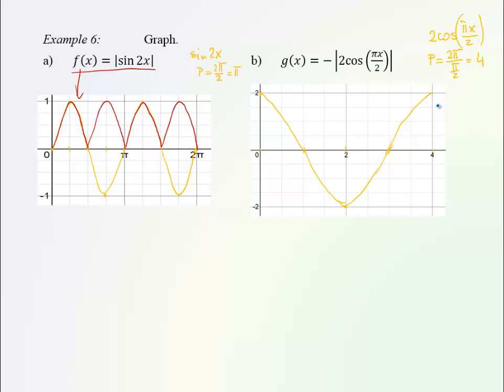The next step would be the function absolute value of 2 cosine pi x half in blue. So absolute value means that the part that was below the x-axis will be flipped above the x-axis, and the rest of it will be the same. Finally, we want to graph g of x.